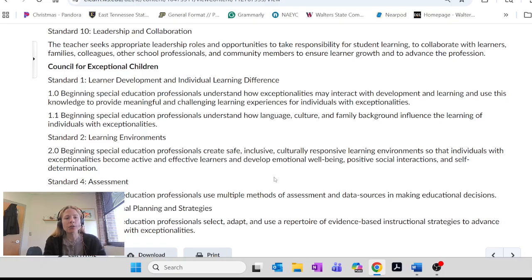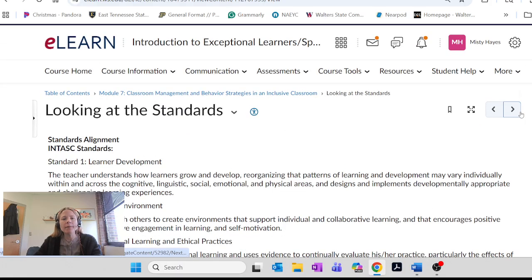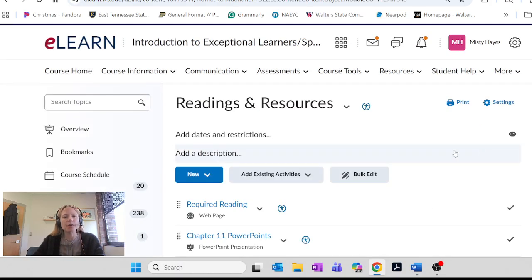So we're going to meet learner development, individual learning differences, excuse me. And there's two standards there that we're meeting: learning environments, assessment, because we have that behavioral assessment component, and then instructional planning and strategies. So we're going to hit quite a bit of standards with this module.